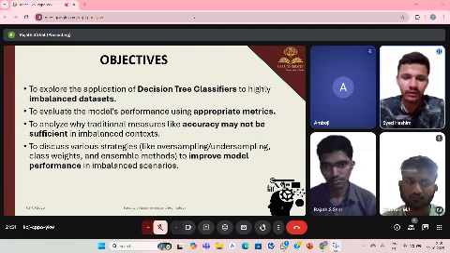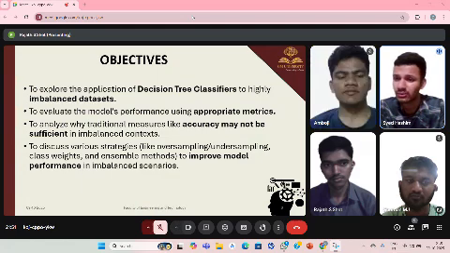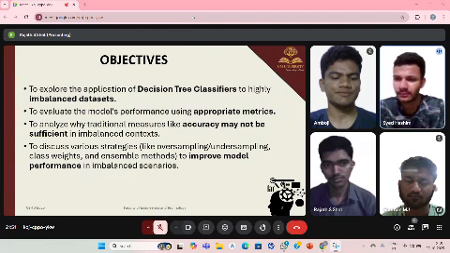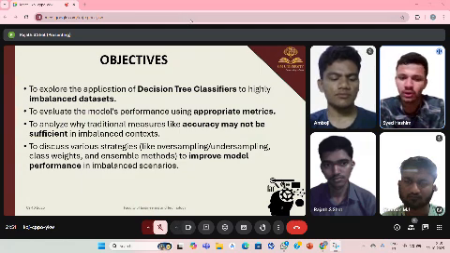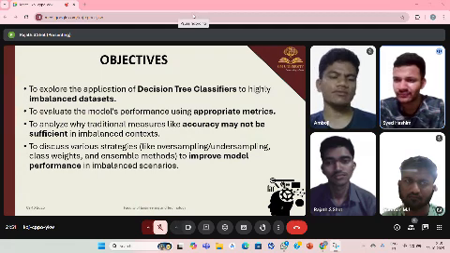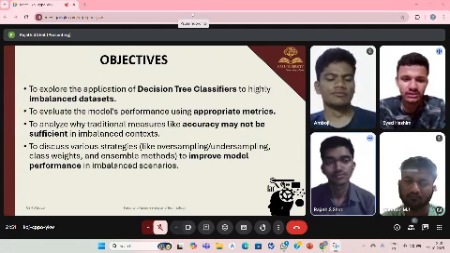Next, we have understanding the accuracy limitations. So here the objective is to highlight that accuracy alone can be misleading, as a model might predict all cases as non-fraud and still appear to be accurate. Next, we will improve the model performance through the study.